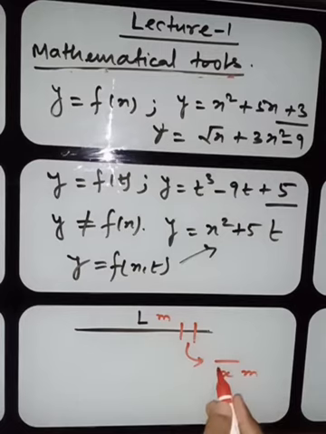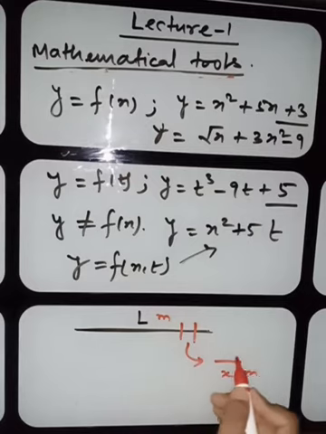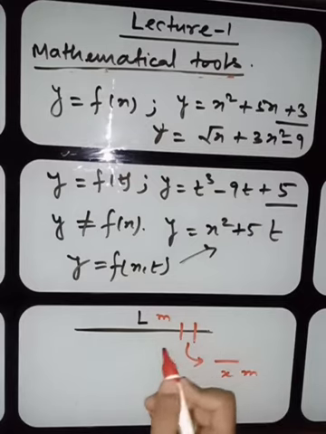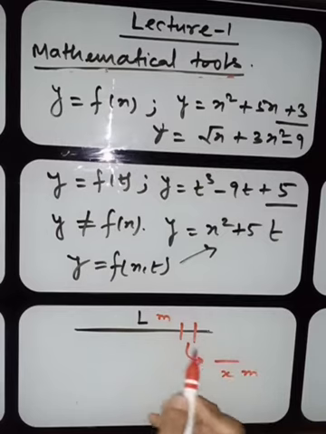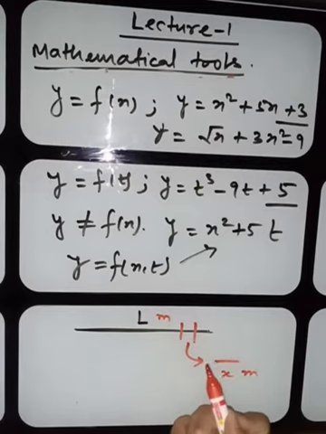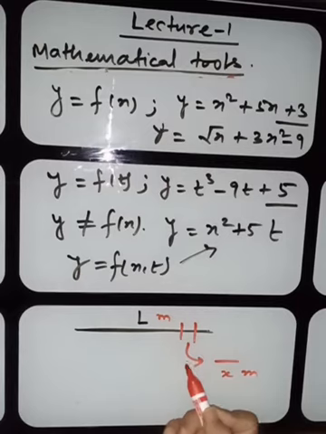So differentiation means you are distinguishing any particular function with respect to another, or you are giving the correlation of one function with another function, or the comparison you can say.